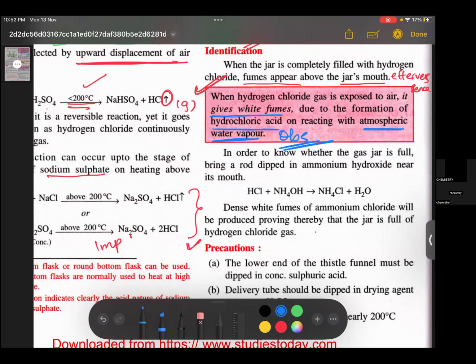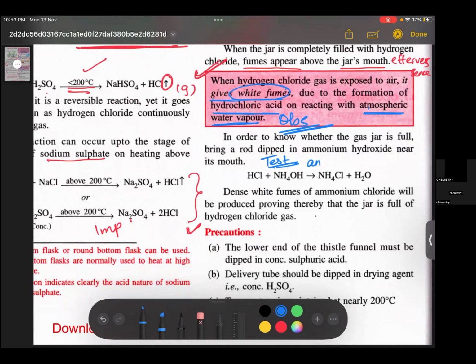Now, how do you know what is the test? This is the test. This will be used in your practical chemistry. It will be used in your analytical chemistry. And there will be a number of application questions on this. Now, HCl plus NH4OH gives NH4Cl plus H2O.